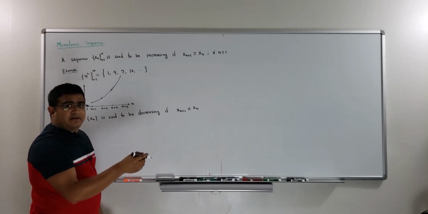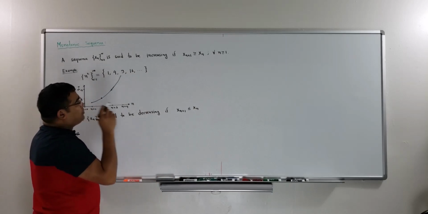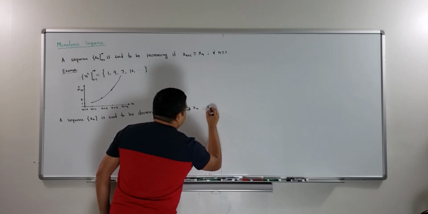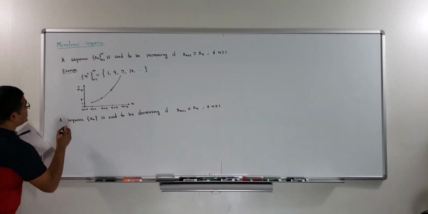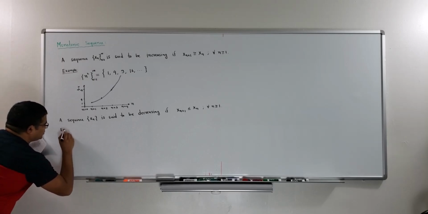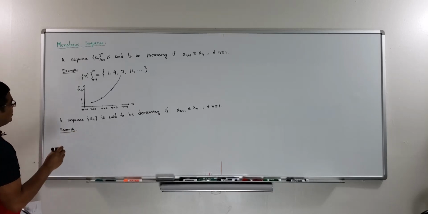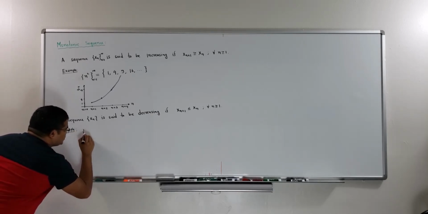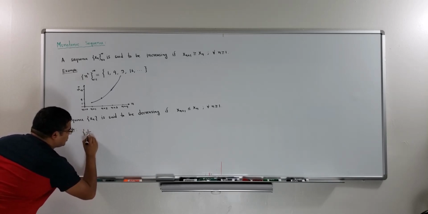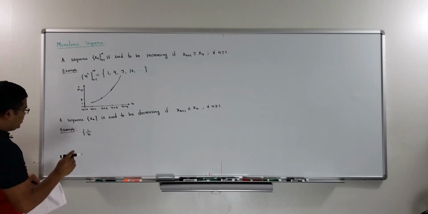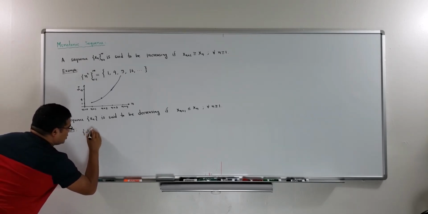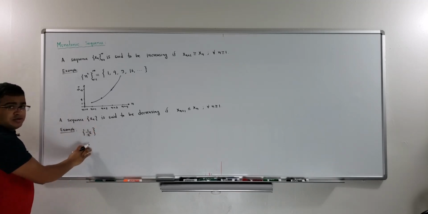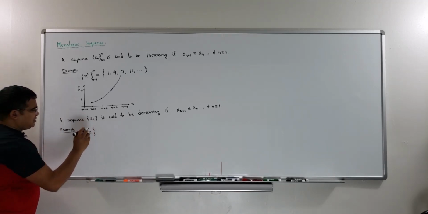That means the next term would be less than or equal to the previous term, for all n more than or equal to 1. For example, if we consider 1 over 2 to the power n, here xn is 1 over 2 to the power n, and n varies from 1 to infinity.